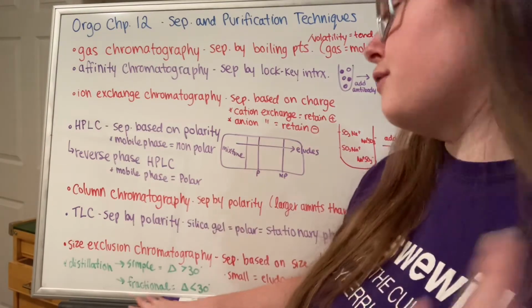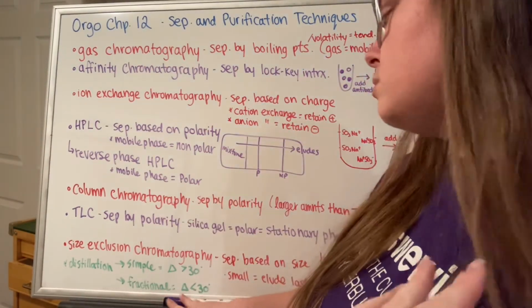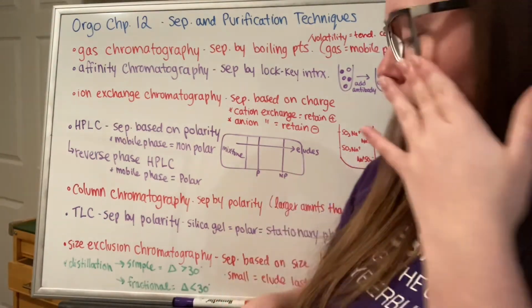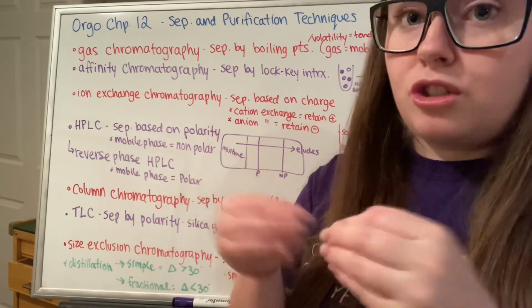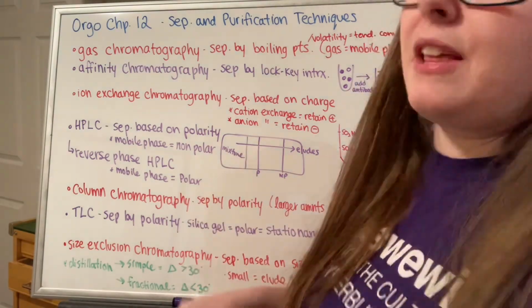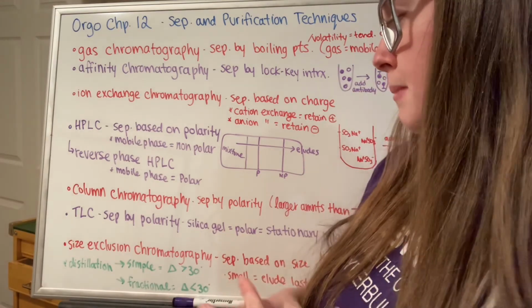And then fractional distillation would be used when you need to be more specific, when the difference in boiling points for the two things that you're trying to separate is less than 30 degrees. So that's just two ways to separate as well.